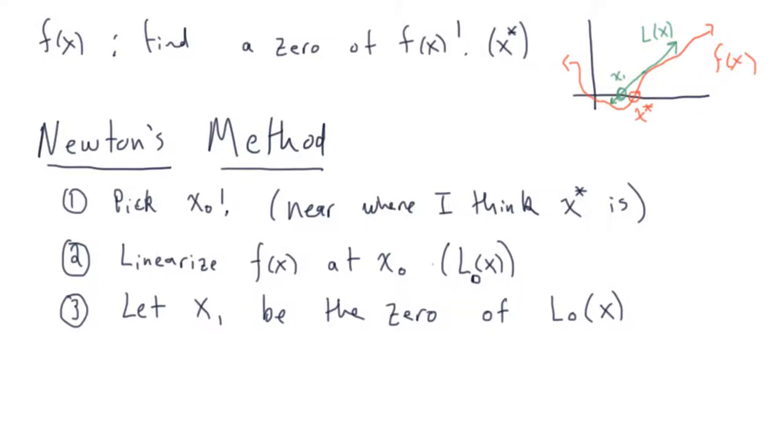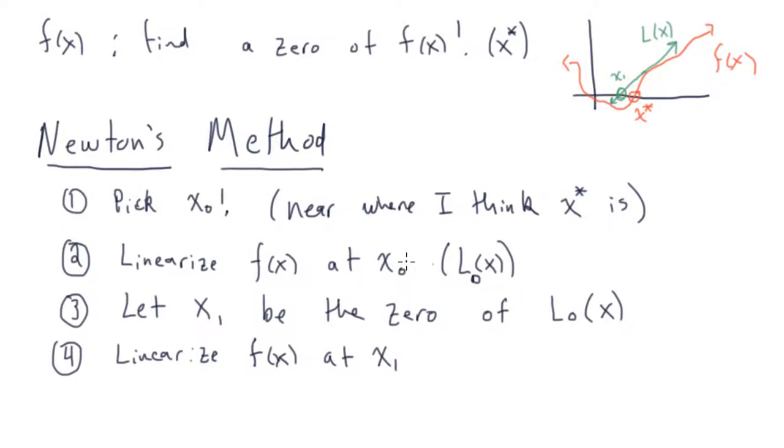And then what I'm going to do is I'm going to linearize f of x at x1. Because theoretically, or I guess I hope theoretically, x1 is going to be closer to x star than x0.